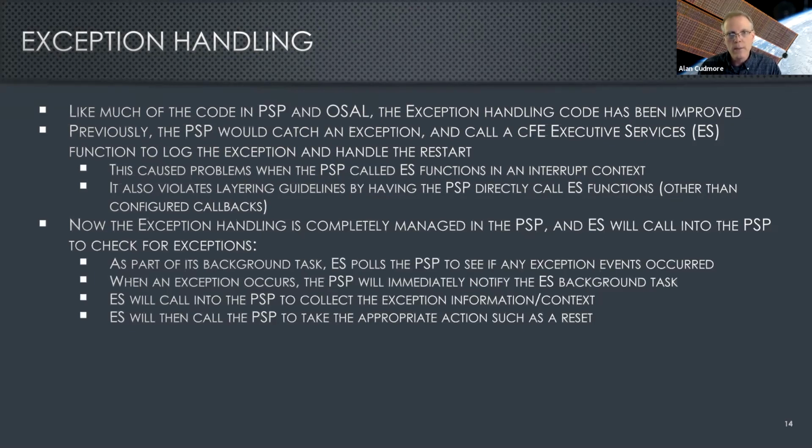ES will call into the PSP when it gets that notification, and it'll collect the exception information and context. ES will then decide through the mission logic what it wants to do, and it'll call back into the PSP to take the appropriate action if necessary, such as a reset, and what type of reset. So next slide, please.